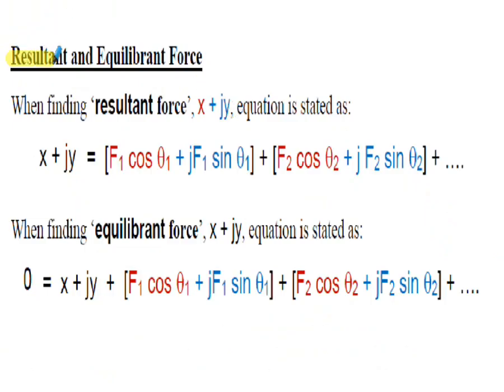Just a brief note about resultant forces and equilibriant forces. When we're finding the resultant force in Cartesian form, x plus jy, the equation can be stated like this: x plus jy on the left hand side is equal to the summation of the forces in Cartesian form on the right hand side.